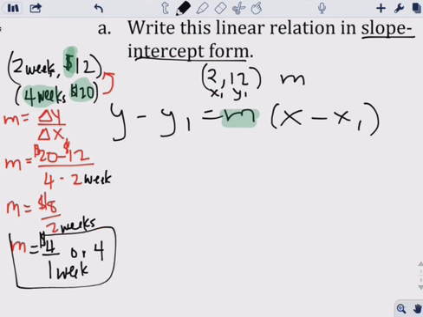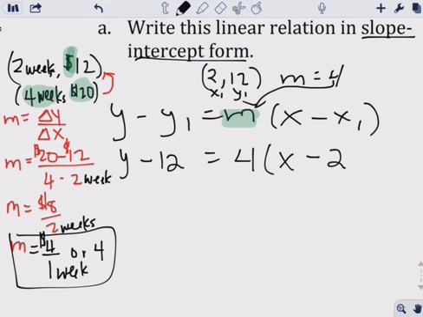That's my slope. Now you substitute the 4 in there to get y minus 12 equals 4 parentheses x minus 2.